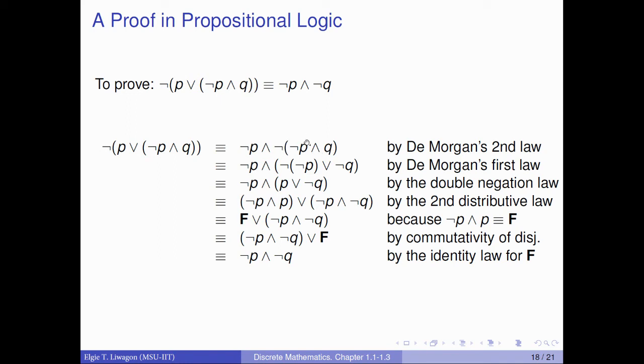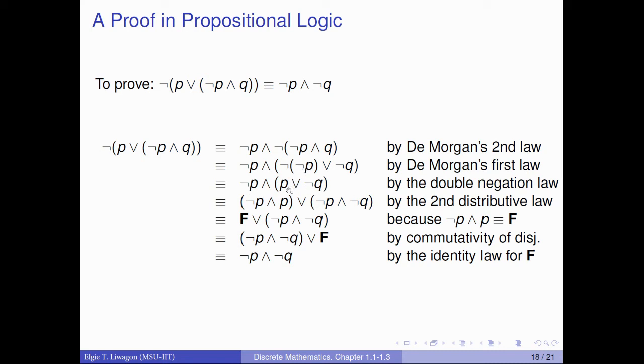We distribute this negation, and then change this into disjunction, not Q. And then double negation law, this one becomes P. I can view this as negative times negative is positive, right? So double negation, it becomes P. That's what happens there.